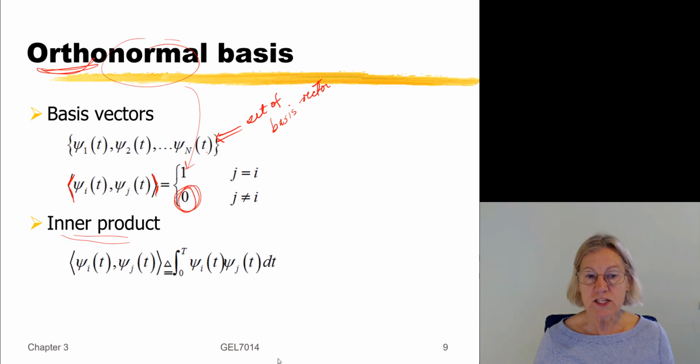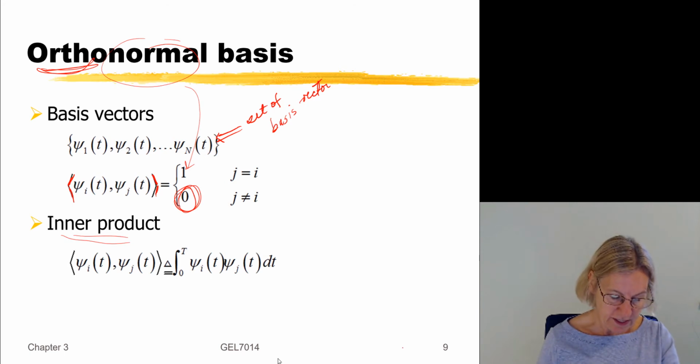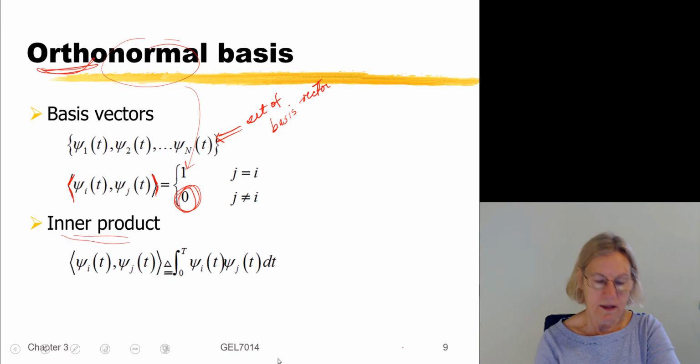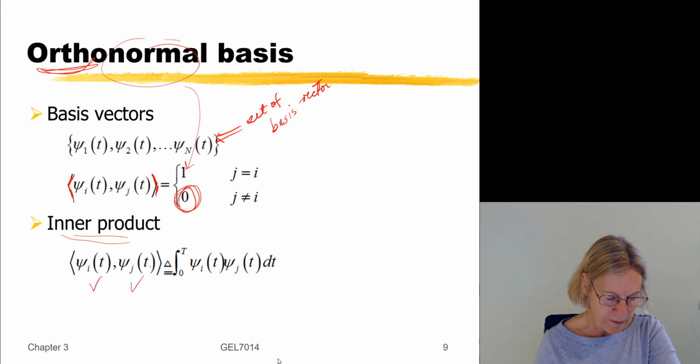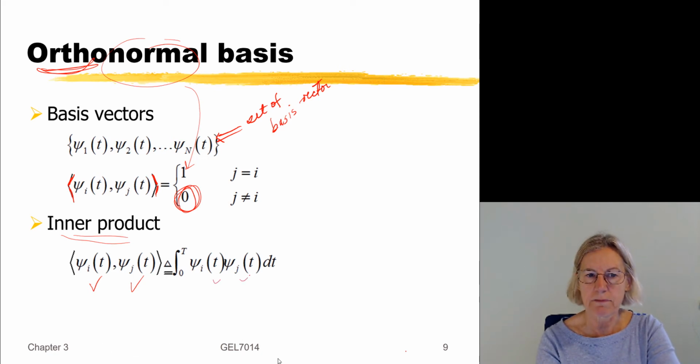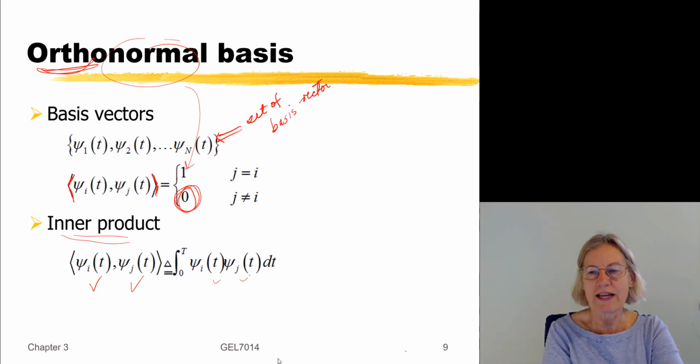So I take the integral of the product of 2, so here are, in this case, 2 basis vectors. So the inner product of these 2 basis vectors is just the integral of the product of the basis vectors with integration over the time of one symbol. So this is an inner product definition good for any vectors in the space, and in this particular case, I'm applying it to the basis vectors.